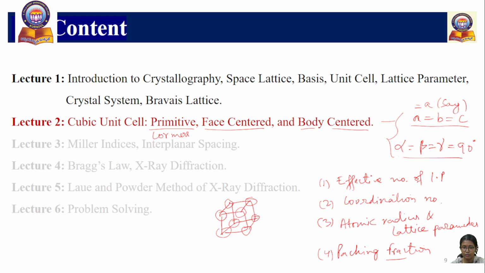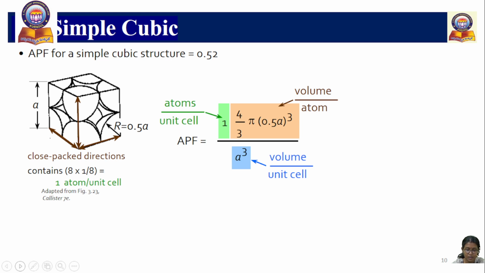So when we take these spherical lattice points together, there will be some gap between them. So whatever is the volume of the unit cell, everything will not be occupied by the lattice points or atoms. Some gap will be there. Packing fraction tells us out of the total volume of the unit cell, how much is occupied. So then obviously we can find how much is vacant also.